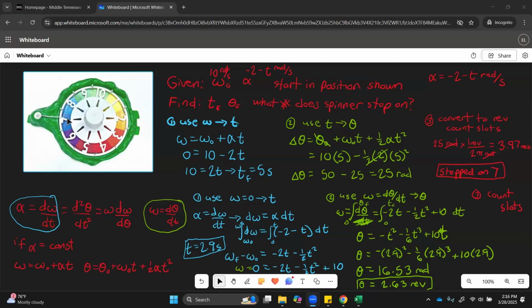Then if it goes 0.63 more, an extra 0.1 would be the 8, 0.2, 0.3, 0.4, 0.5, 0.6. So the wheel would have spun to where the 3 is lined up with the needle, and so it stops on 3.